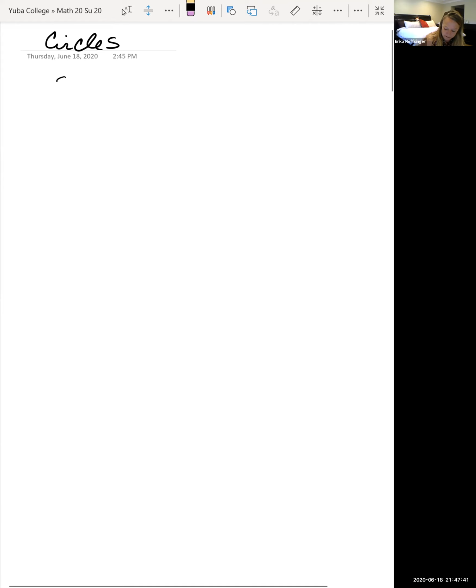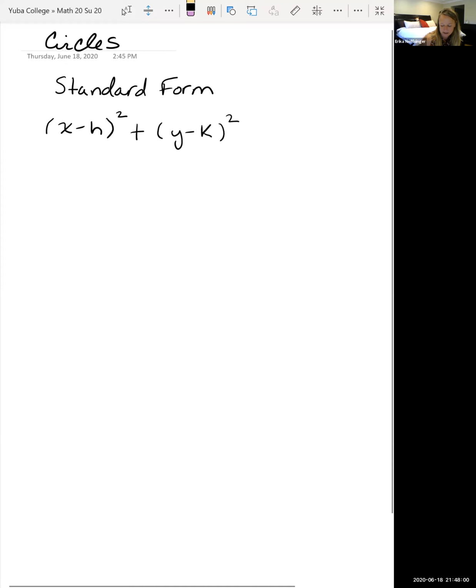A standard form of a circle can be written as (x minus h) squared plus (y minus k) squared equals r squared. When it's in this form, the point (h, k) is equal to the center of the circle, and r is equal to the radius.